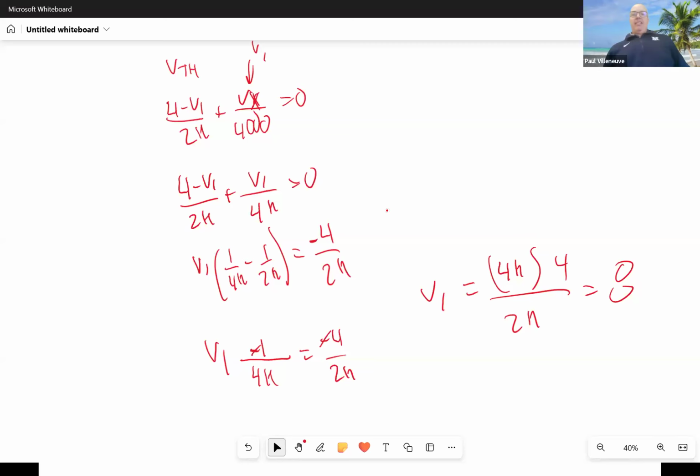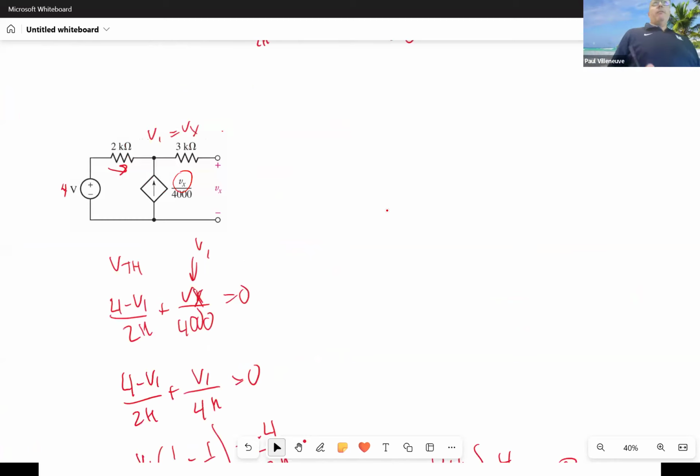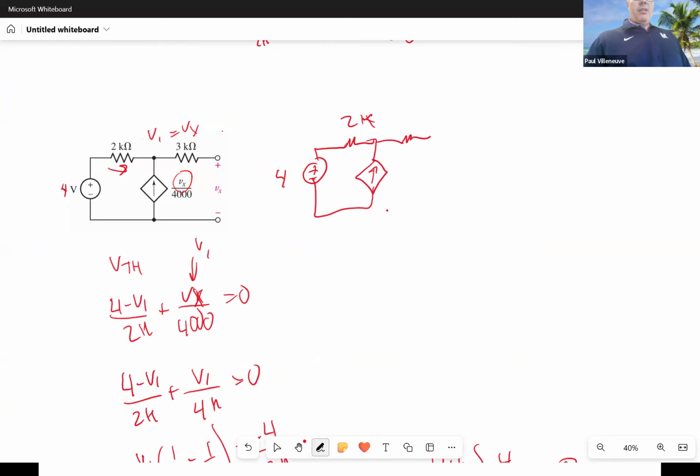All right, so we got 8. Now let's go ahead and do I Norton because we can't get our equivalent. We'll do the same process we just did for the 2K, our dependent source, 3K, and now I'm going to short that out.